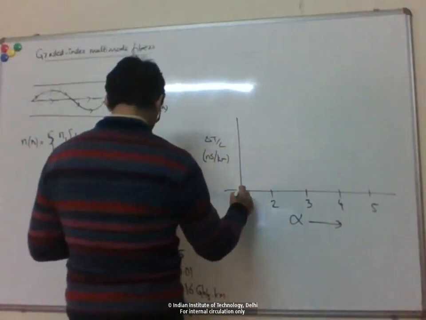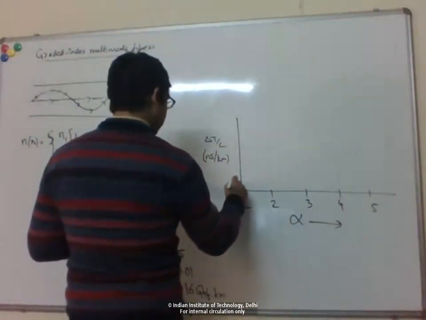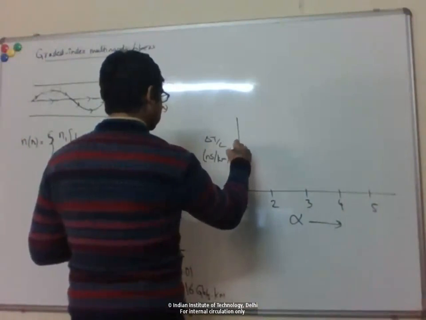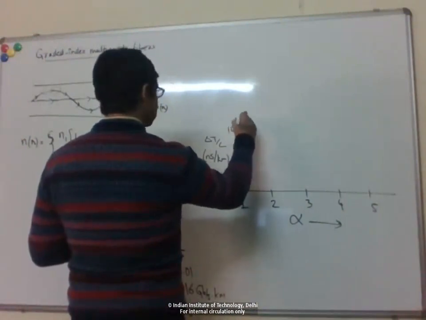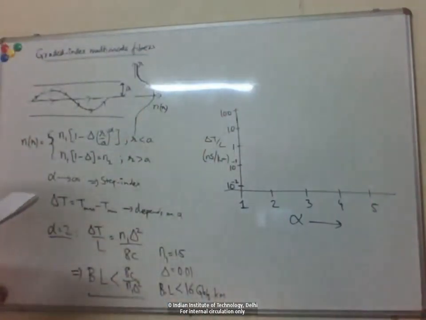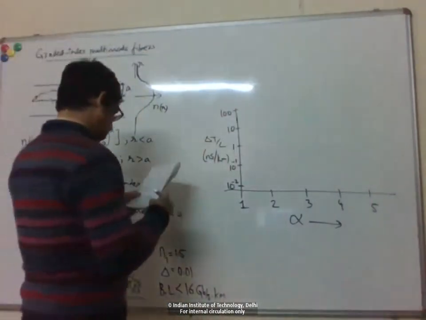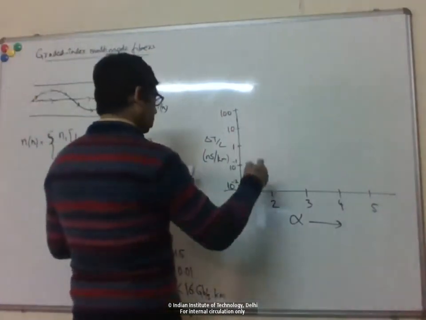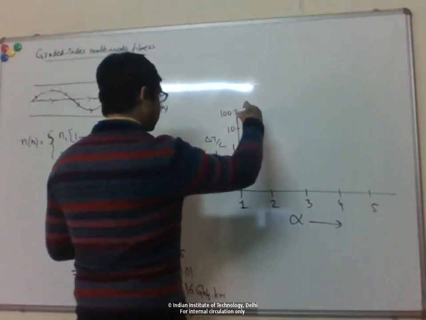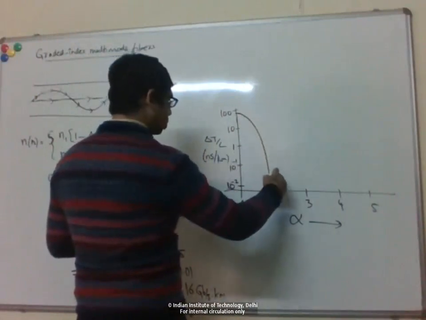Here there is a log scale on the y-axis. It turns out that the optimum is around alpha equal to 2.